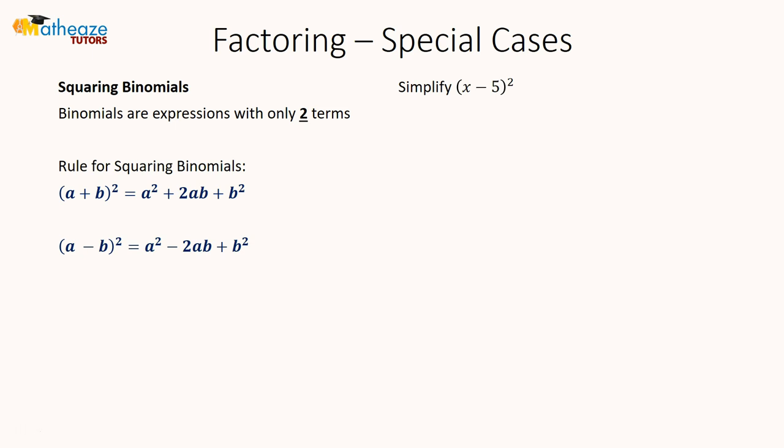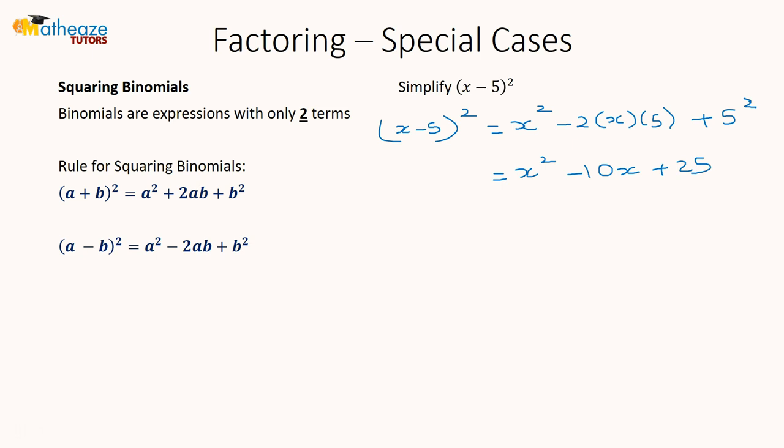Now let's try this right here. (x minus 5) squared is going to be x squared minus 2 times x times 5 plus 5 squared. This is going to give us x squared minus 10x plus 25.